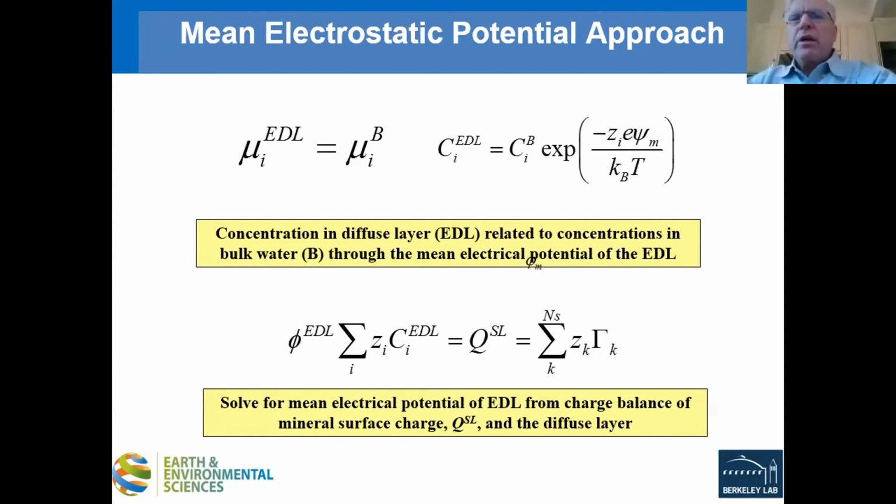And then we basically solve for the mean electrical potential by solving a charge balance equation. So very simple in principle: charged mineral surface, potentially modified by sorption, balanced by electrical double layer. And that's the way we can handle this. Again, the electrical double layer, because it's important for transport, cannot be completely ignored as to its particular properties. Next slide.